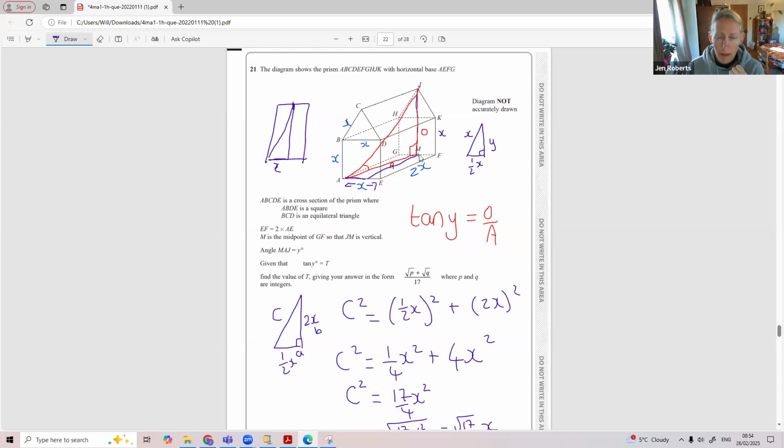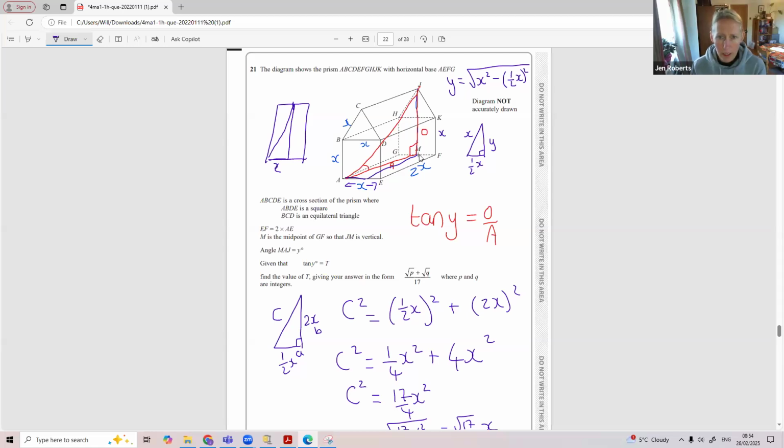So we know that Y would be, you might just want to do this in steps, the square root of X squared minus half X squared. You may have done that in a few different steps. Let's work out this bit under the square root first.